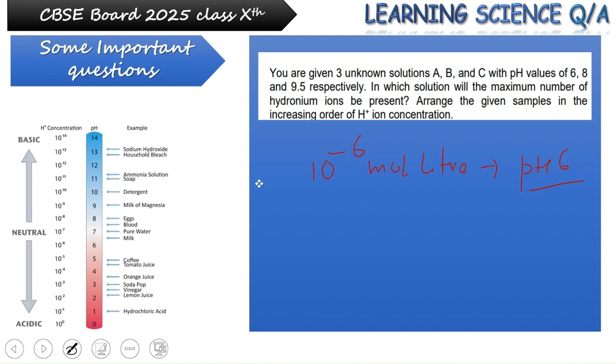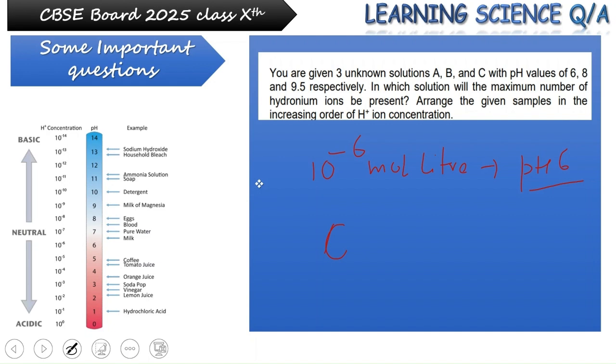So coming back to the question, we have three solutions with pH 6, 8 and 9.5, and we are asked to arrange them on the basis of increasing order of hydrogen ion concentration. So the lowest will be C, which is having pH 9.5.